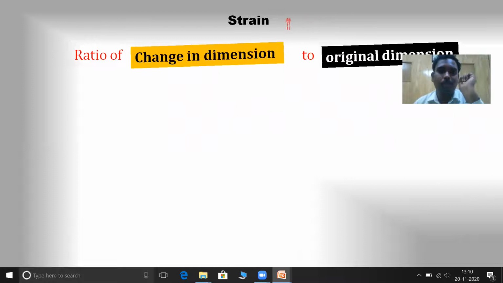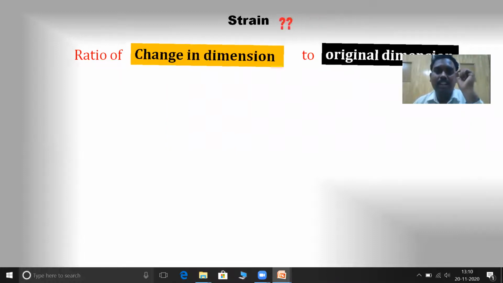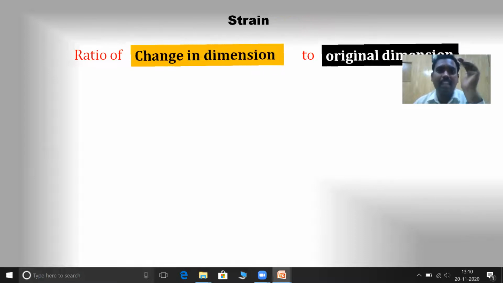Later, what will I do? I will apply a load on the cylindrical rod so that I pull it. Once I pull it, the length automatically gets increased. After it has increased, once again I will measure the length of the cylindrical rod. This time, I come to know the length is 15 centimeter.